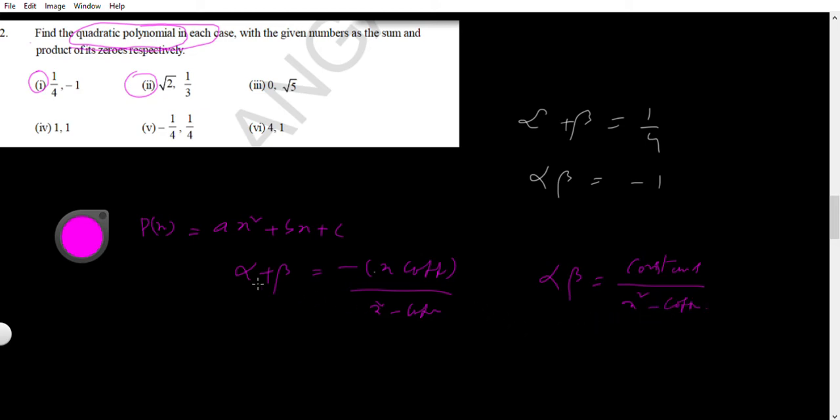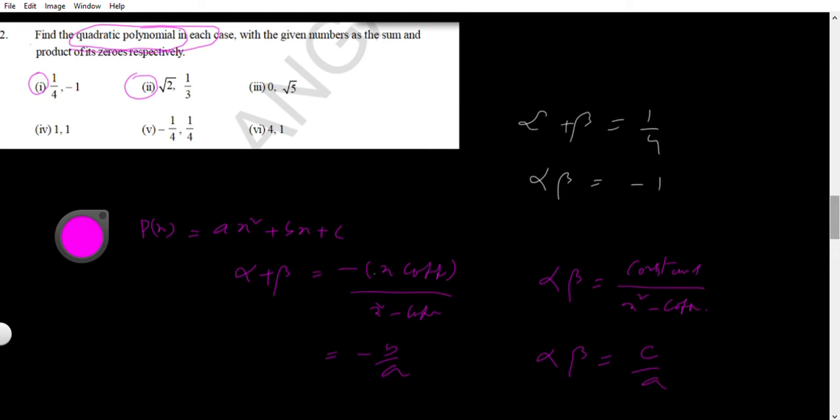So by observing this quadratic polynomial, the sum of zeros is minus b by a, and the product of zeros is equal to c by a.